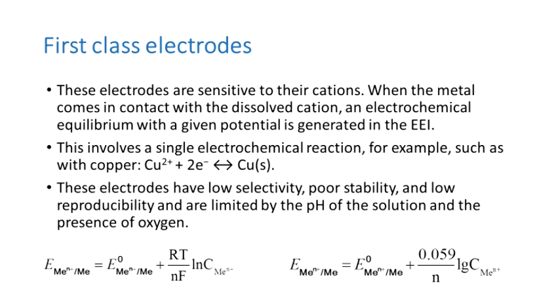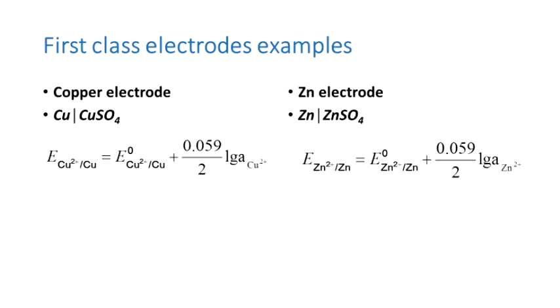First type electrodes. These electrodes are metals which are placed in these metal salt solutions. For example, Cu in Cu soluble salt. Nernst equations to calculate these potentials are given, and here you see two examples, copper electrode and zinc electrode.